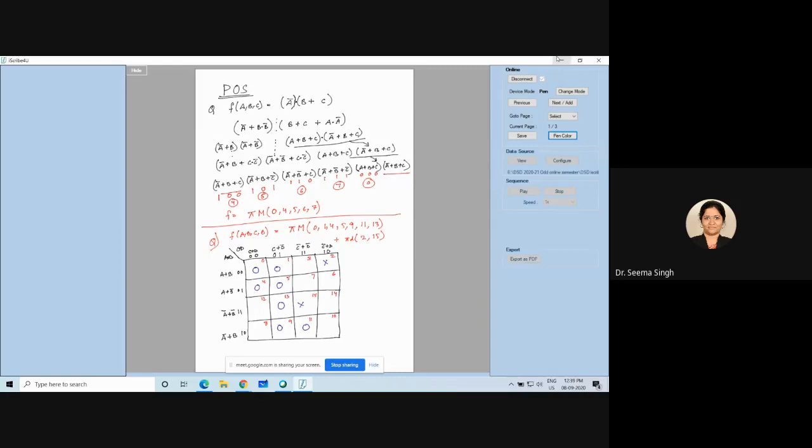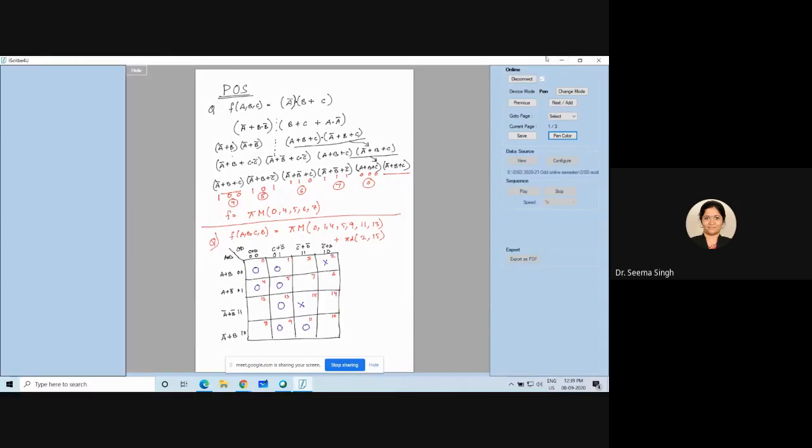Okay. Now which don't care would you like to make a 0? 15, right? Only one. So this 15 I will be using, and is this 2 of any use? It is not of any use actually. So now we have to do the grouping.